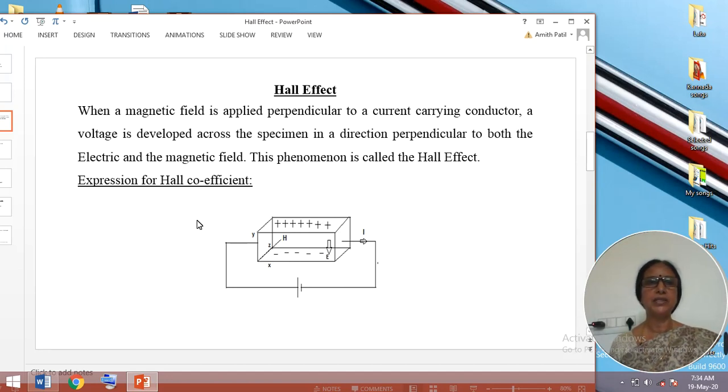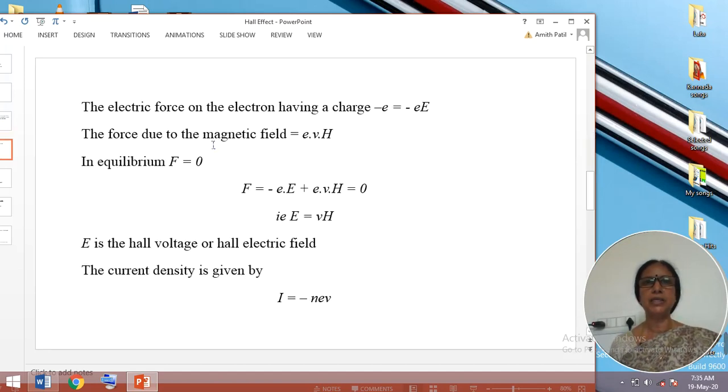Now let us calculate the Hall coefficient. Consider the mathematical equations here. The force experienced by the electrons due to the electric field is given by the expression minus e into E. The negative sign indicates that, as I have considered, electrons are the conduction electrons in this explanation, so the negative sign has to be included here, where capital E is the strength of the electric field.